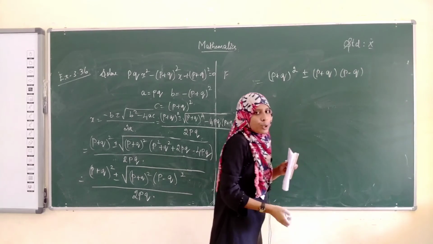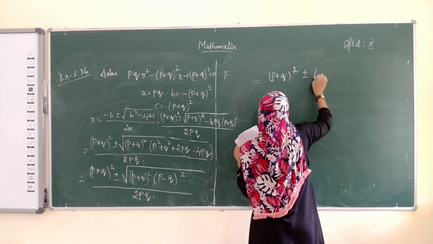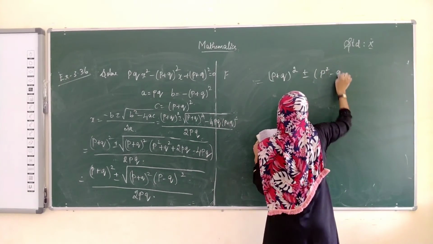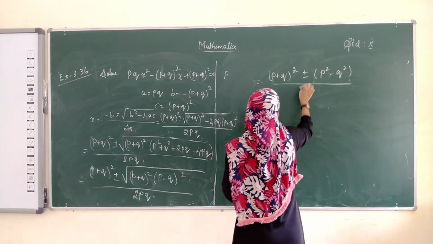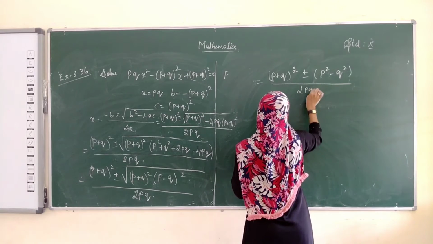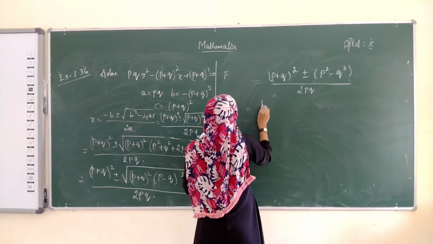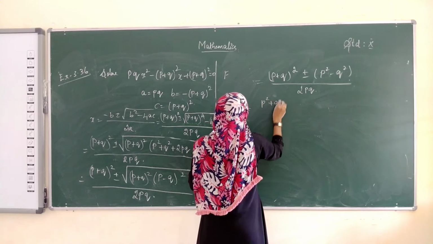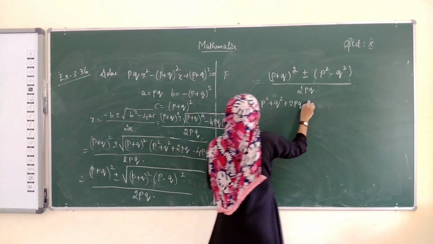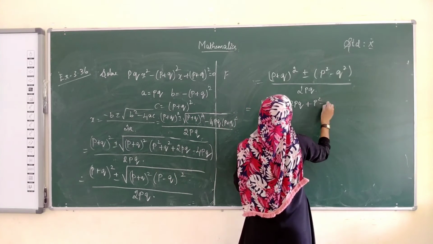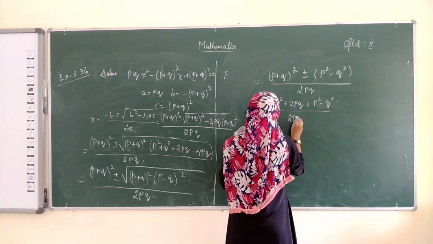We know the formula a plus b into a minus b is a square minus b square. Therefore, this can be written as p square minus q square divided by, what's the value? 2pq. Now, shall we split the answers? First one is p square plus q square plus 2pq, we are expanding this, plus p square minus q square divided by 2pq.